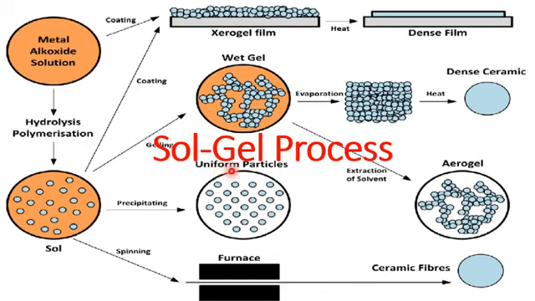Okay, student, please note that the sol gel process is used in two ways. One way is known as the colloidal sol gel process, and the other way is known as the polymeric or alkoxide sol gel process.